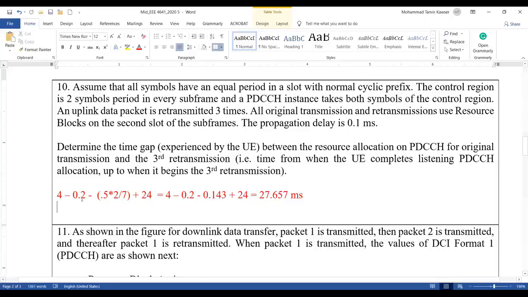The PDCCH you receive actually later compared to when you transmit. I mean, your transmission of say subframe 1 is twice your propagation delay earlier compared to your reception of subframe 1.